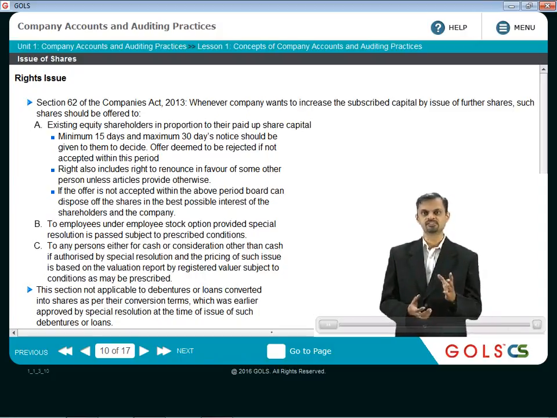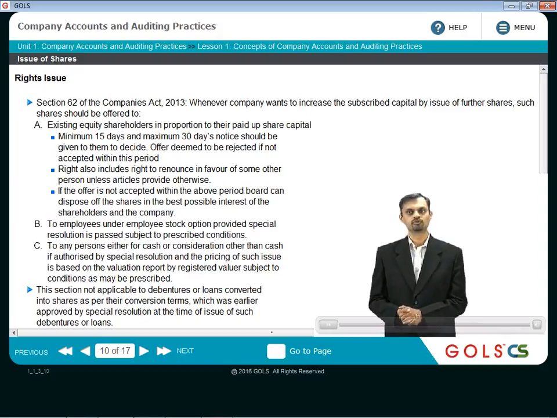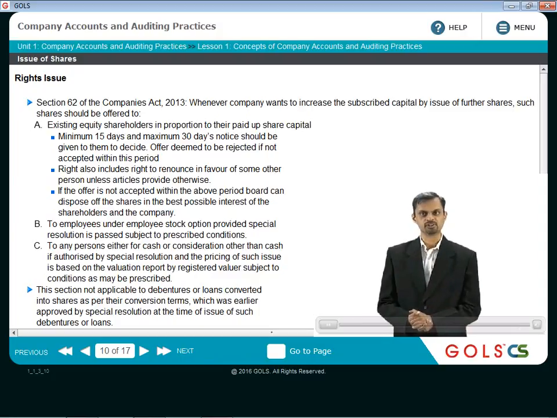So that is why this rights issue section will not be applicable to the debentures or loans converted into shares, because that was already approved by special resolution earlier at the time of issue of such debentures or loans. So again, all these clauses related to rights issue are not required to be applied.